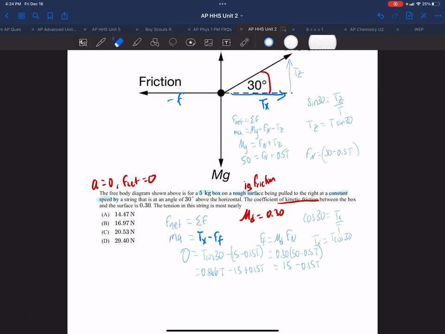Adding those together, we end up with 15 equals about 1.02 T. So T then is 15 divided by 1.02.